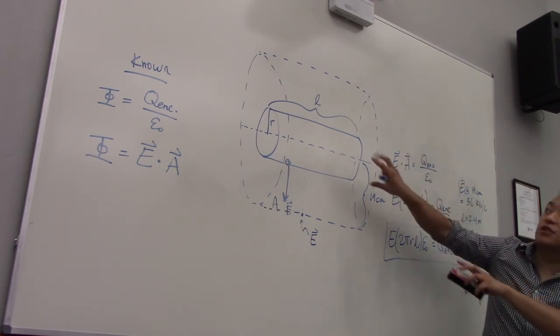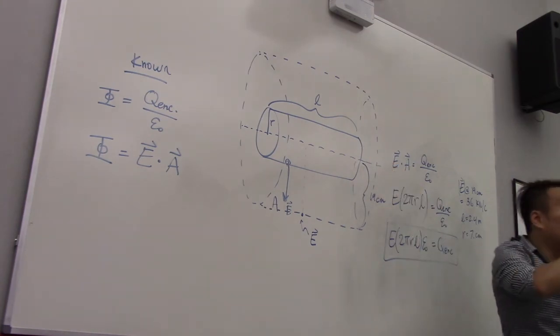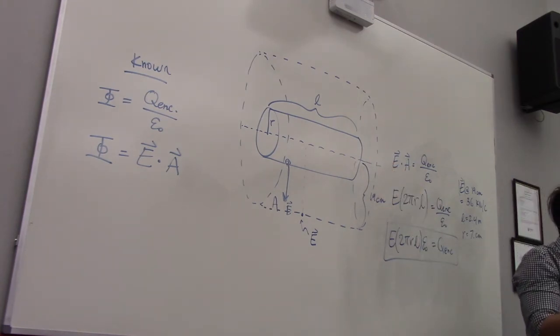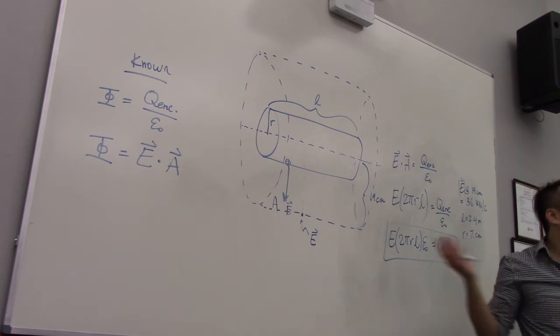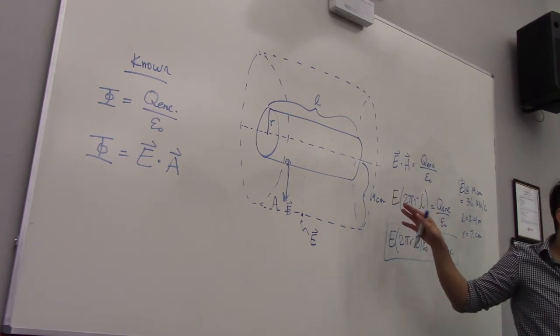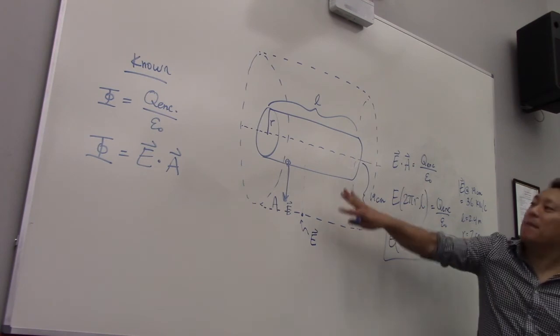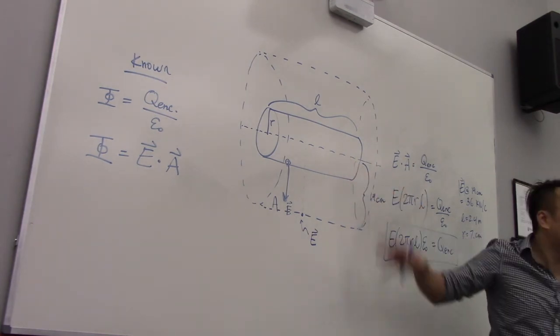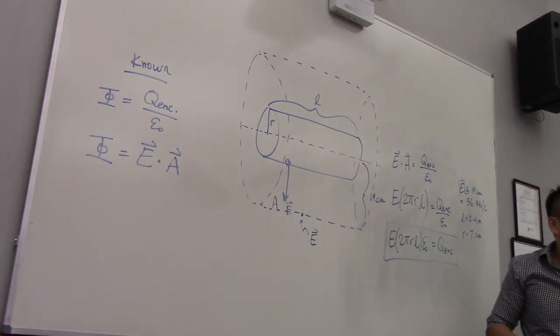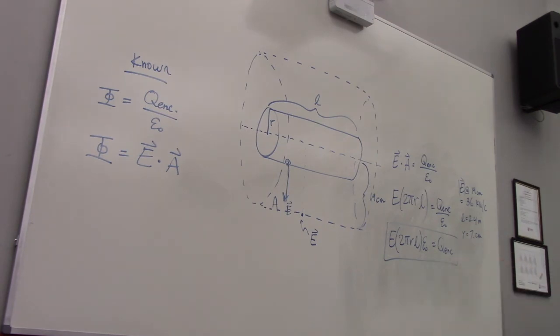We're enclosing the charge with a similarly shaped object. We choose a cylinder because we have a cylindrical object. If we have a spherical object, like in one of your problems, you choose a spherical surface. We want to make the area mimic the object's surface area. That's what we want to mimic, and then that will be the answer for the charge enclosed in this problem, plugging those things in.